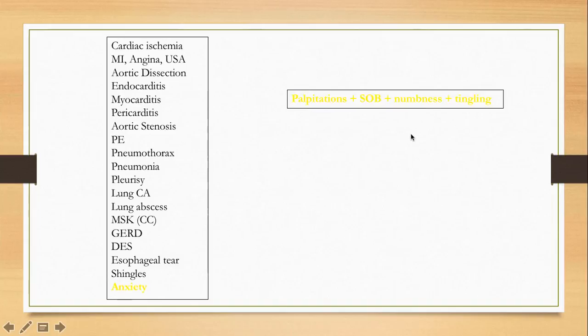And so they have a multitude of symptoms and they have no risk factors. Then you can definitely think about anxiety. Again, it's a diagnosis of exclusion, and if it is episodic and there are episodes of hypertension and tachycardia along with it, then definitely think about pheochromocytoma.